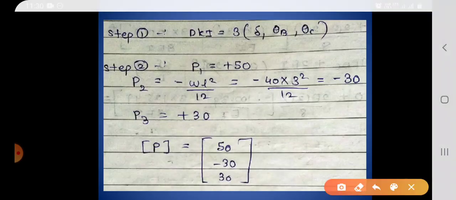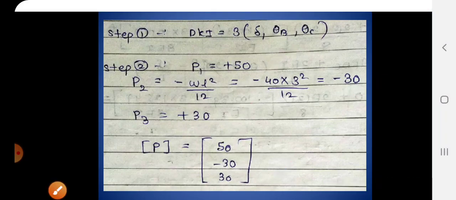In this way we have derived these 3 values. P1 is plus 50, the external load. My P2 is minus WL square by 12, P3 is plus WL square by 12. So the P matrix is generated.